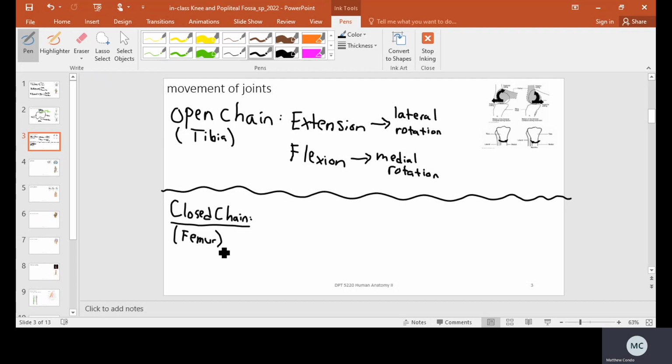It's going to create a rotation. My medial femoral condyle slides and slides backwards, posteriorly, causing medial or internal rotation when I'm extending. Okay? So if I am in a weight-bearing status, aka closed chain, and I'm extending, I'm going to see medial rotation.